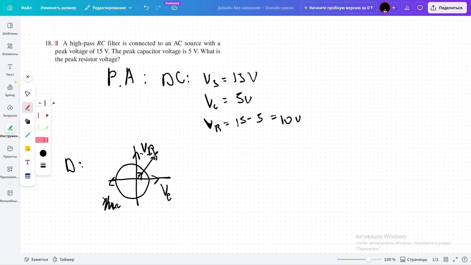It depends on the value. So here is simple math.